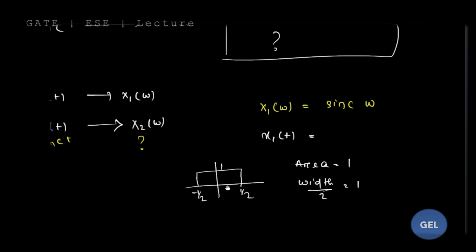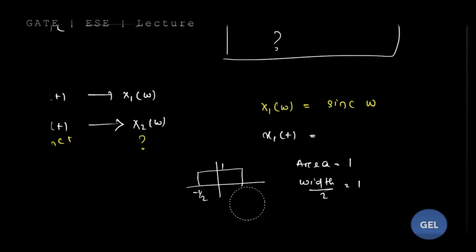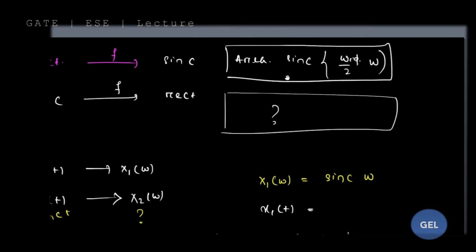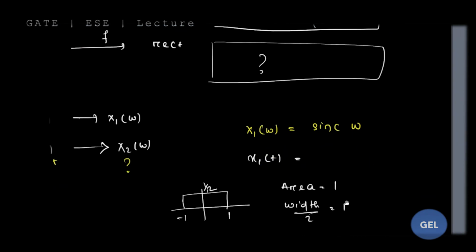Width by 2 means this part has to be 1. Let's take 1 and minus 1, then the height must be 1 by 2. So this must be your rectangular function. Clear this concept? How did we get from a sinc function to a rectangular function? Because the formula says area into sinc of width by 2 into omega. So width by 2 is 1 and area is 1, so I can guess the rectangular function could be from minus 1 to 1, whose width by 2 is 1 and whose area is 1. Clear this concept?